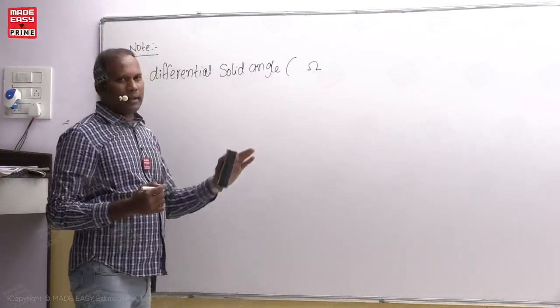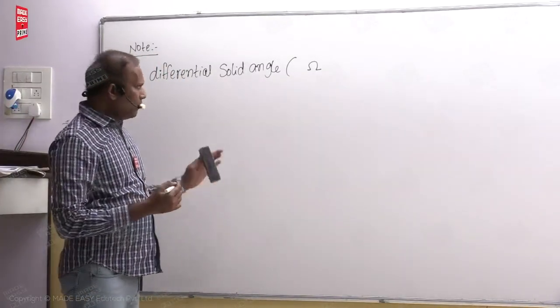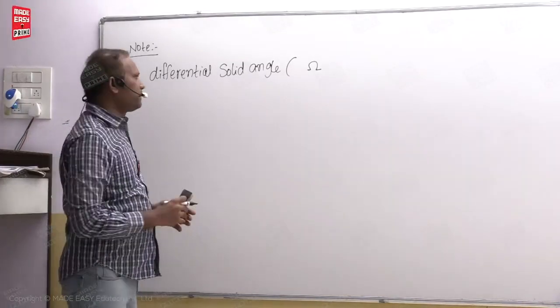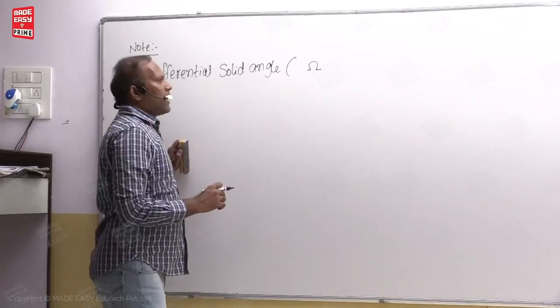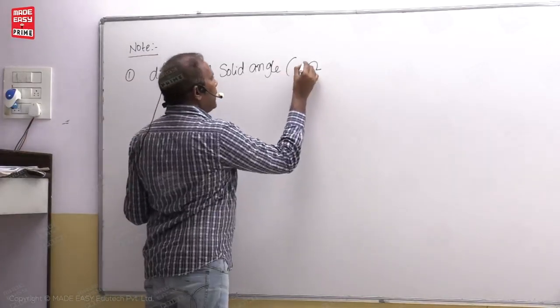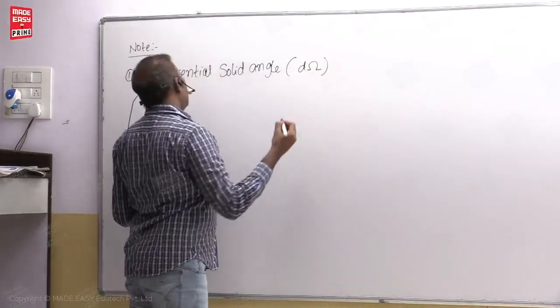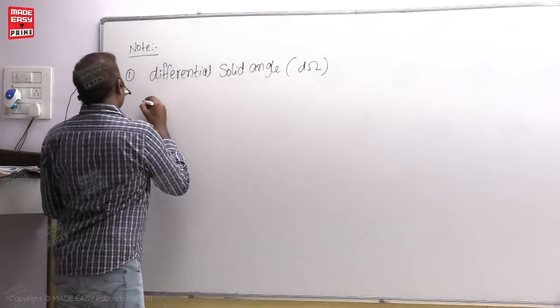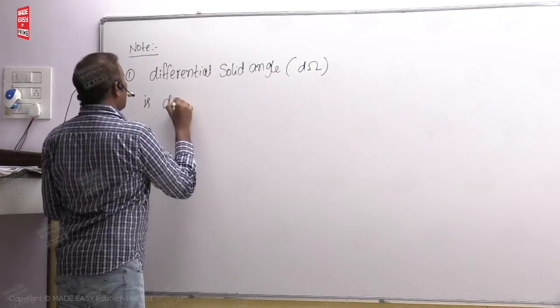This is not ohm, student, this is not impedance. So many concepts now, that is why symbols are repeated. So omega is the solid angle symbol, and d omega is the differential solid angle symbol.